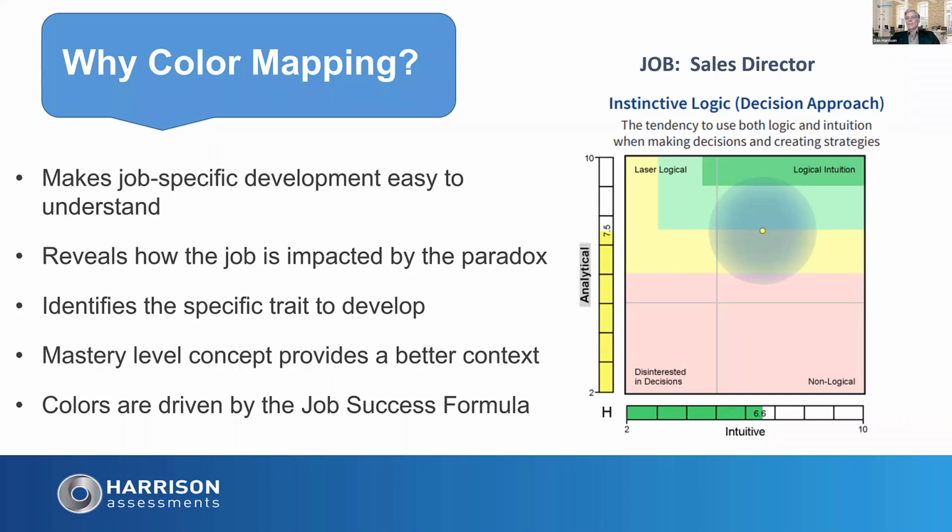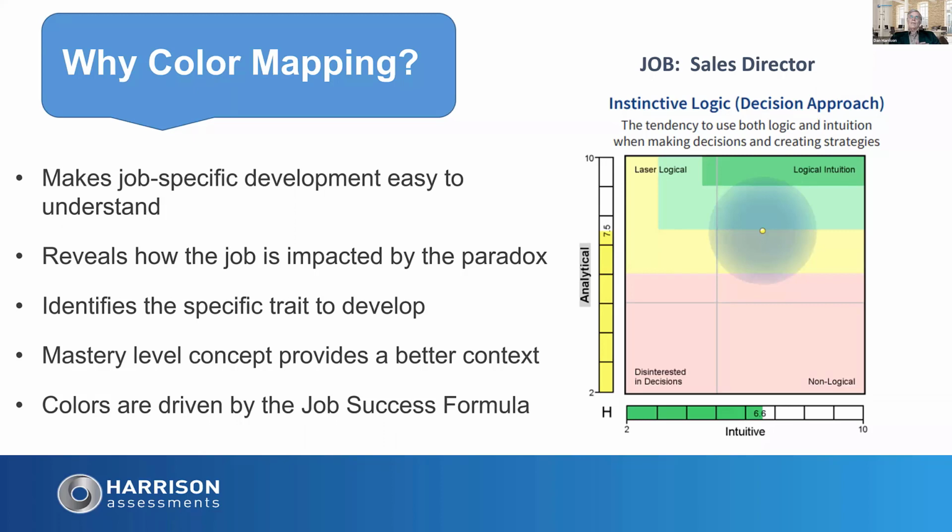But in fact, you could have a 2 or a 3 and be in the green, depending upon your other trait and how that fits the specific job. So it's a really different way of thinking about it, and a way of looking at much more detail in terms of the impact of the paradox.